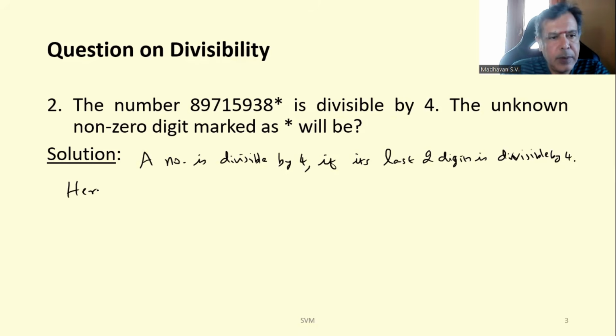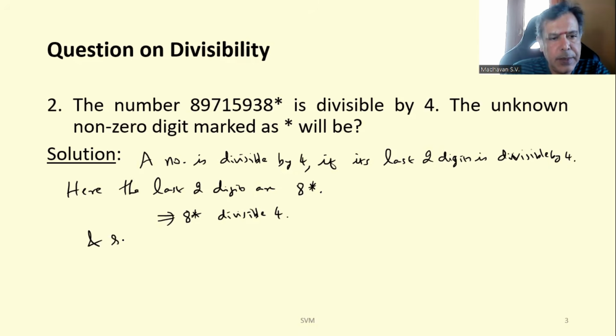Here, the last two digits are 8 and star. So since the number is divisible by 4, this 8 star should be divisible by 4.